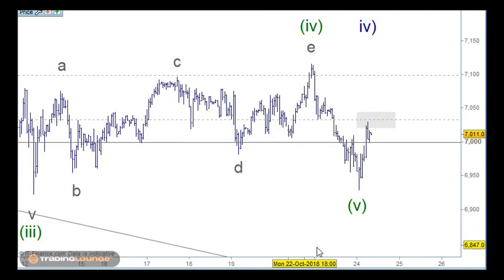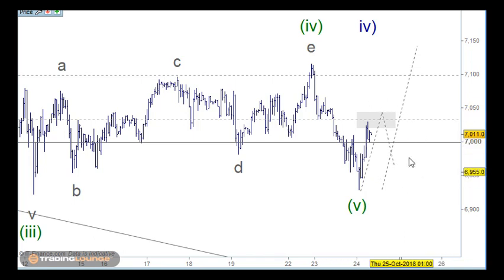On the hourly chart, as you may be able to notice, we've got 1 and 2 here, and then we've got 3, 4, and 5 here. So we can have the low in here and move straight up from this point, or we're just going to move up into this space, the 50-60% retracement level, and move back down again. So we're just going to have to be a little bit mindful.